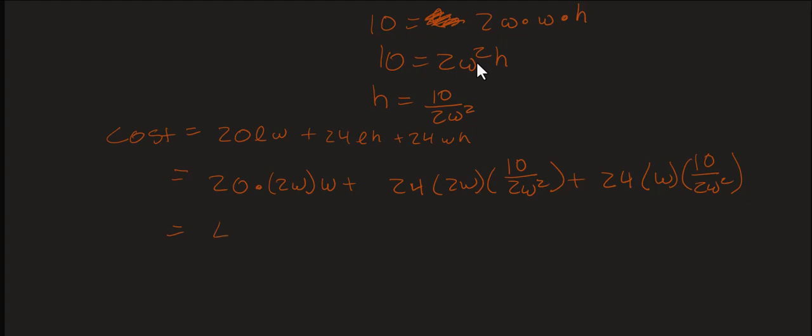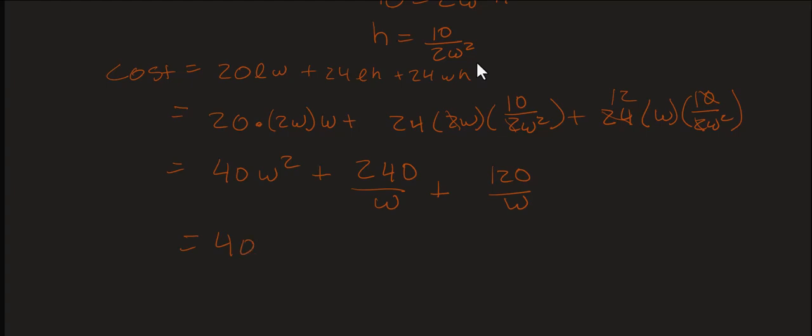So this is 40W squared plus, the 2 cancels, 24 times 10 is 240, W over W squared is 240 over W, plus 120 over W. So I get 40W squared plus 360W to the negative 1 as my cost in terms of W.